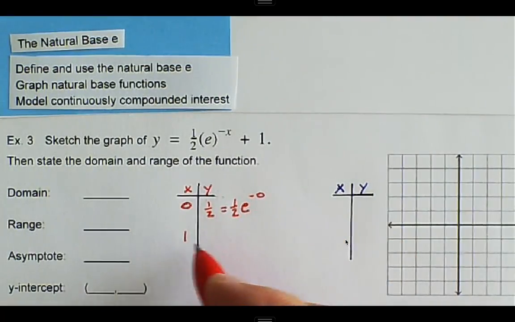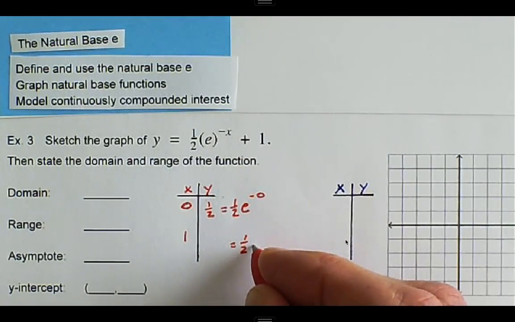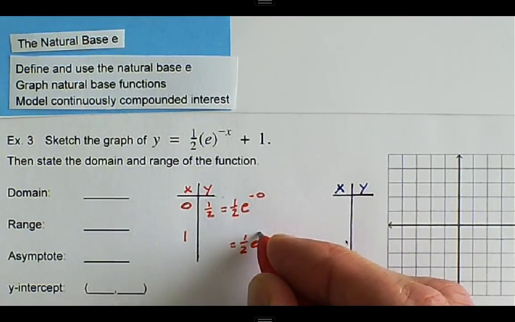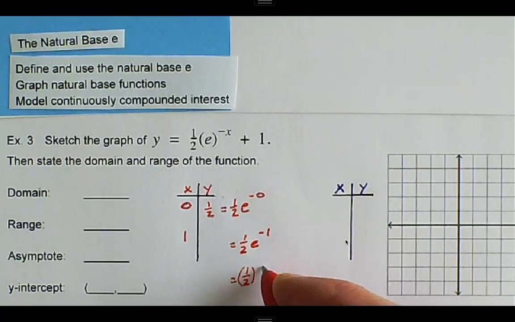And then we can do the same thing with 1. So 1/2 e to the negative 1. Another way that we can write e to the negative 1, we can write this as 1/2, and negative 1 just means that we're going to put it over 1, so 2.7.